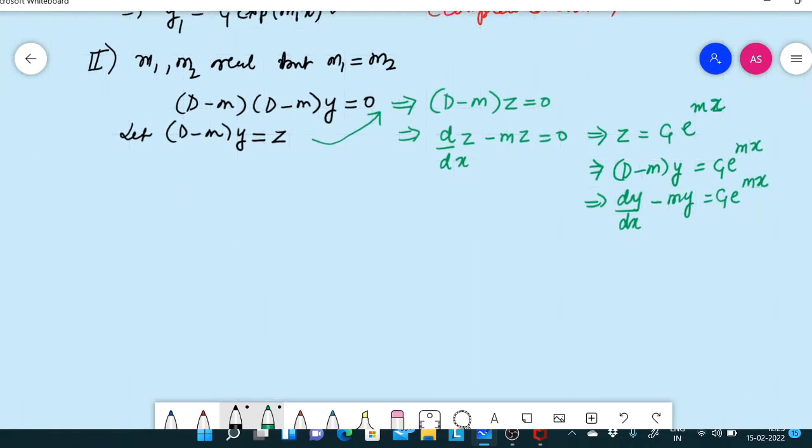If we have to solve such an equation, we know that it can be solved by choosing an appropriate integrating factor, and the appropriate integrating factor in this case will be e to the power minus mx. So let us multiply this on both the sides. When we do that, our differential equation becomes an exact differential equation, and it will be easier for us to find the solution.